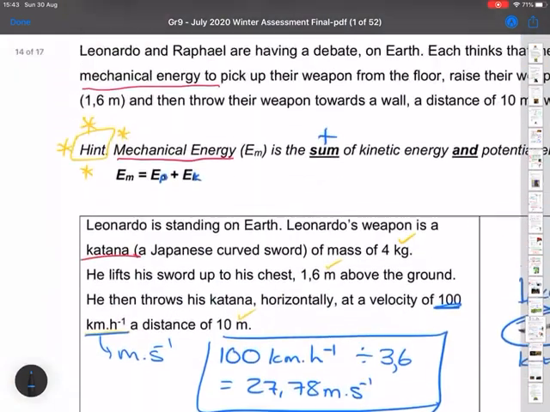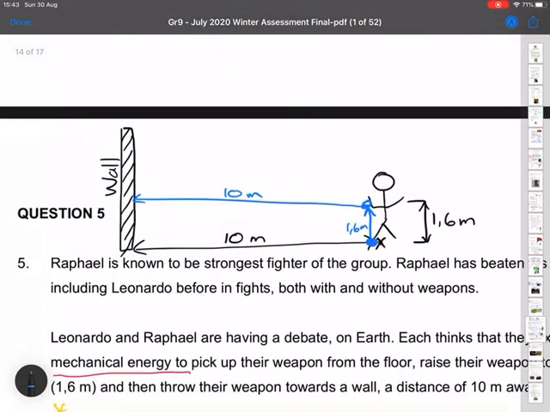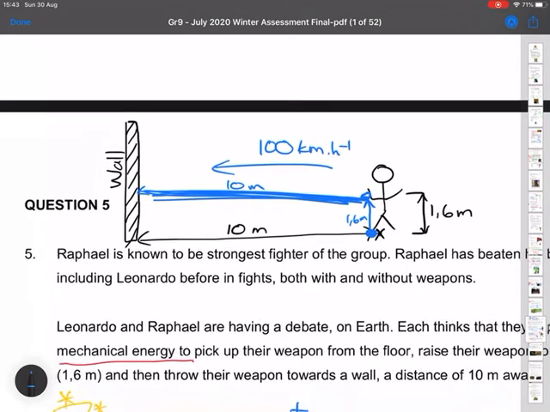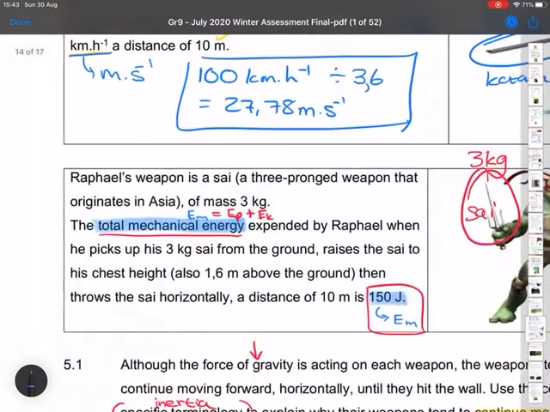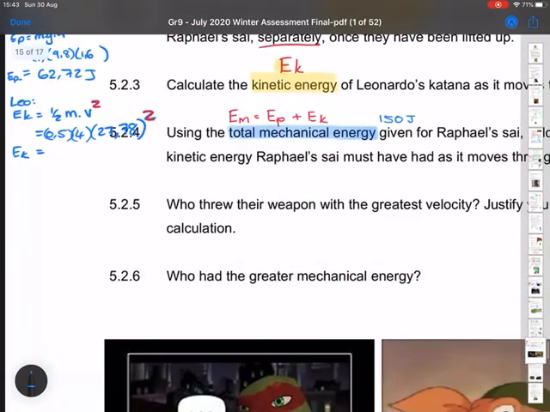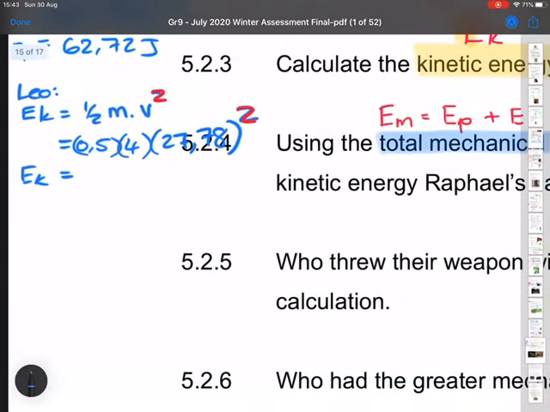While it's moving horizontally, so not the vertical part but the horizontal part, it's moving from right to left at 100 kilometers an hour, or 27.78 meters per second. So its kinetic energy, its moving energy, is 1543.46. Energy is measured in joules. If you do it in scientific notation, that's fine.